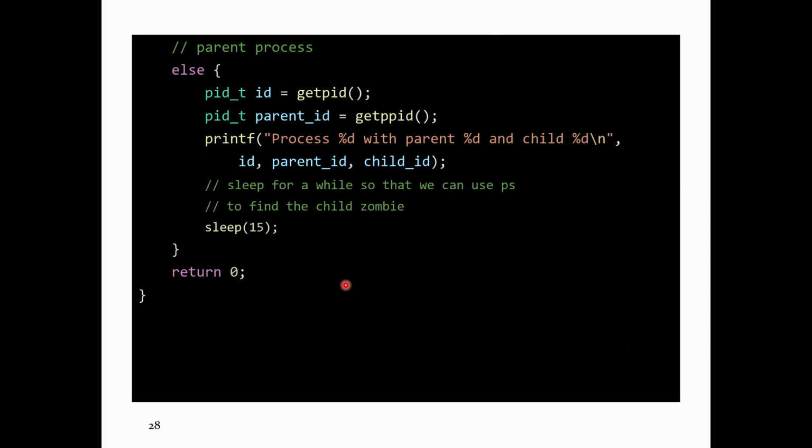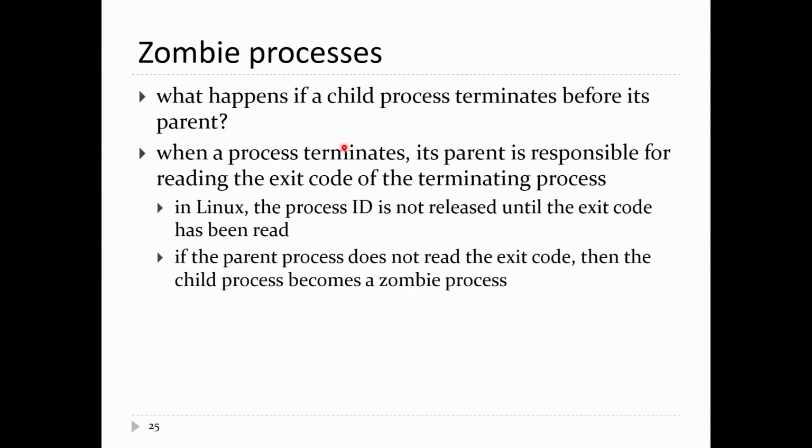So the parent back here has to read the exit status of all its children. If it doesn't read the exit status of its children, those IDs are not released back to the operating system. That's a problem when you have a very long-running parent that forgets to look at the exit status of all of its children.